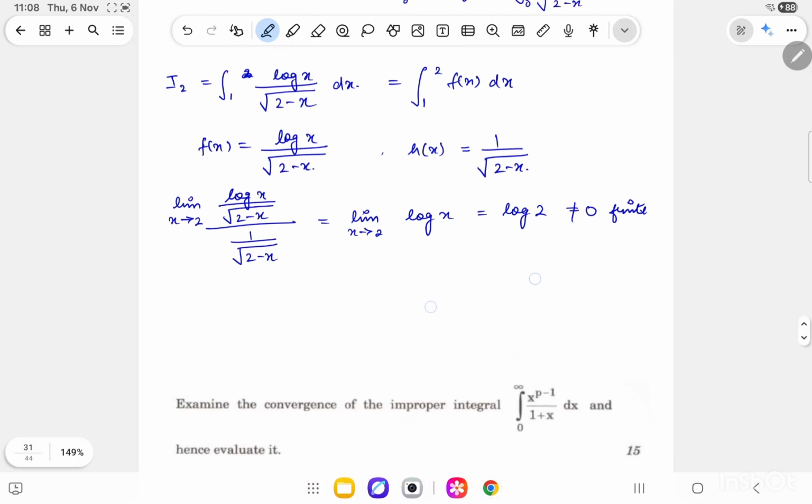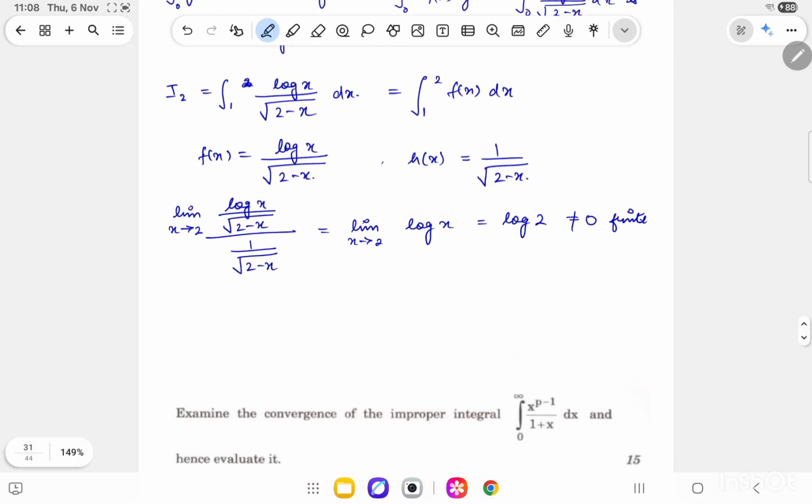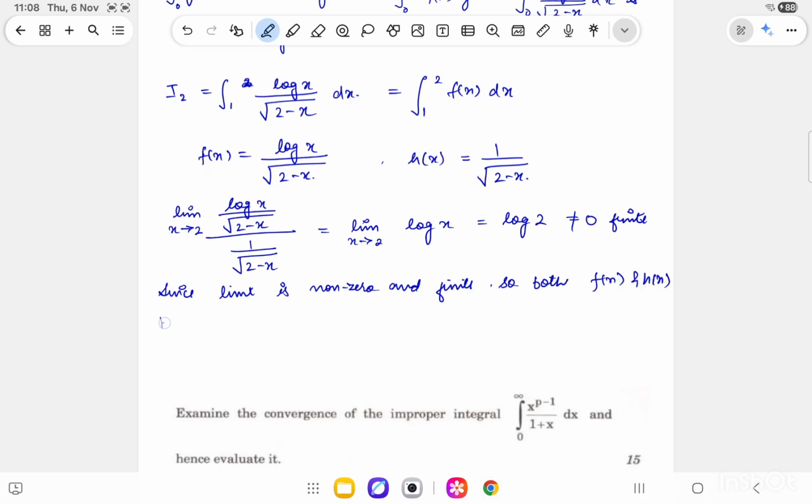So we can use the limit comparison test, which says that if the limit turns out to be non-zero and finite, then both the terms behave alike. So since the limit is non-zero and finite, both f(x) and h(x) behave alike.